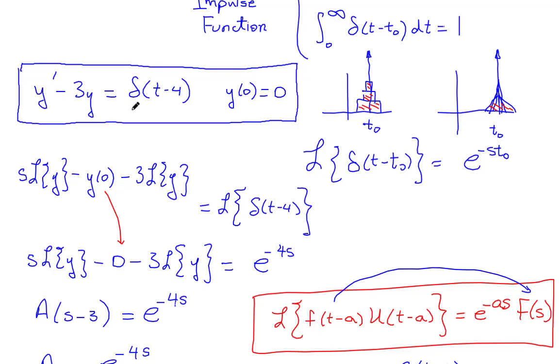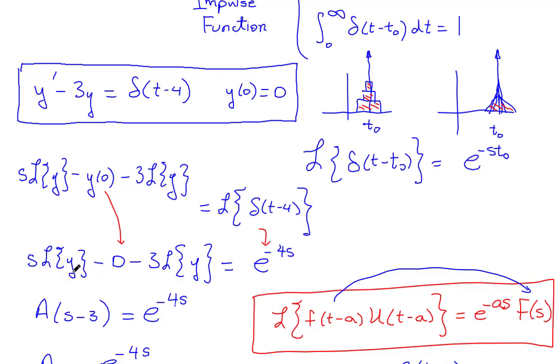And on the right hand side, we have the Laplace transform of this impulse function. Well, the Laplace transform of the impulse function at t0 is e to the minus s t0. So in our case, this is e to the minus 4s.